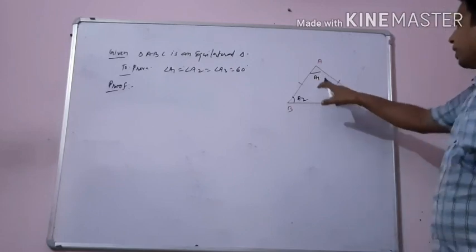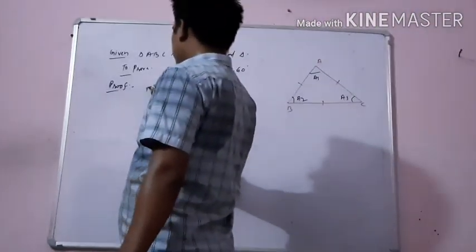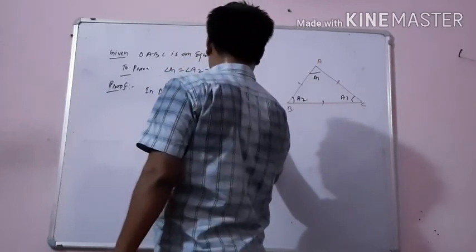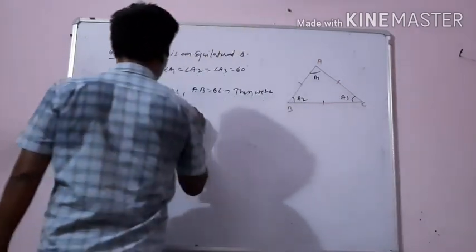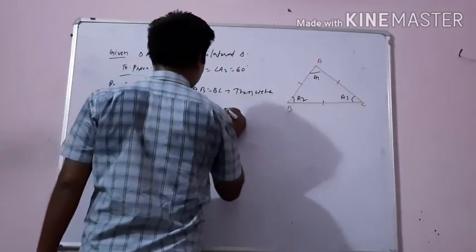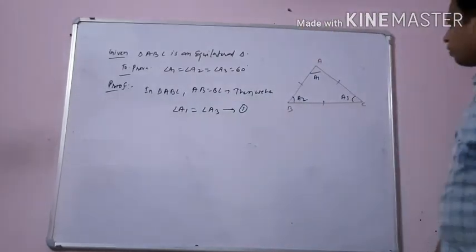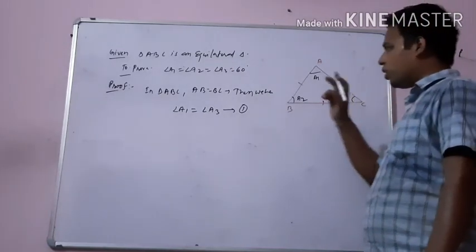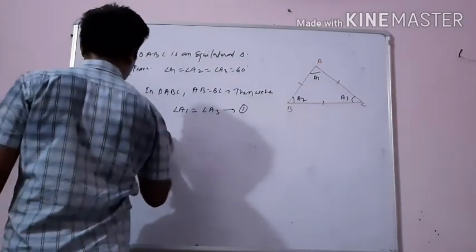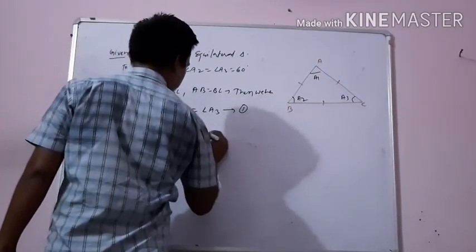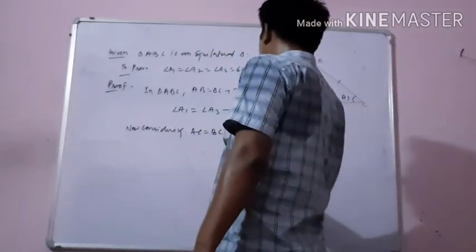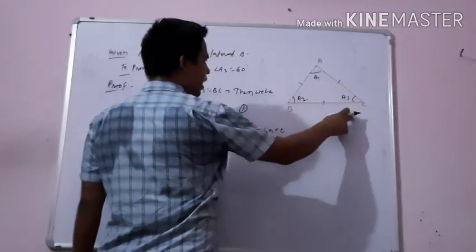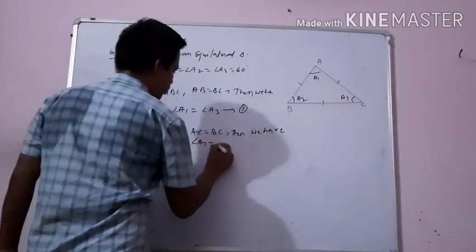Then we will have angle A1 equals A3. Consider this point number 1. Similarly, now consider in triangle ABC, AC equals BC. Then we will have angle A1 equals A2.